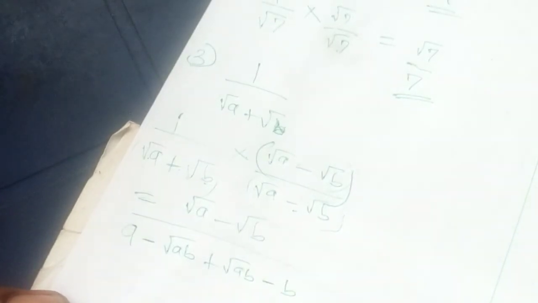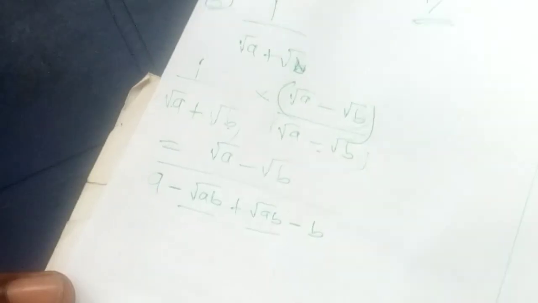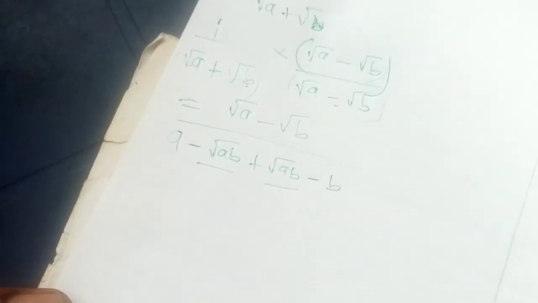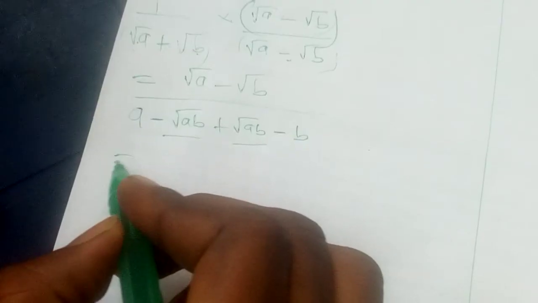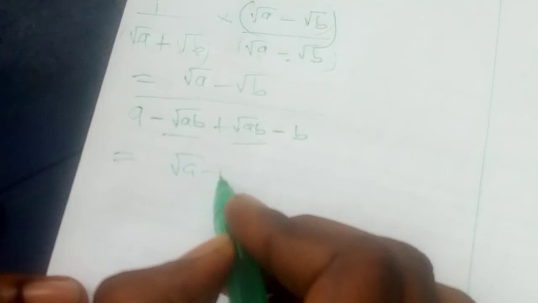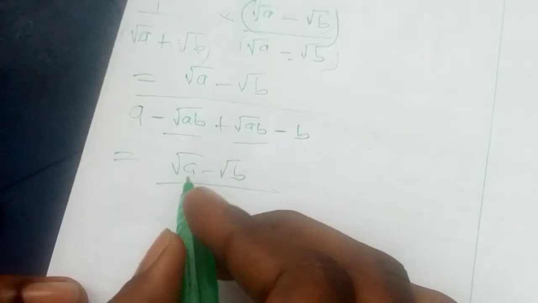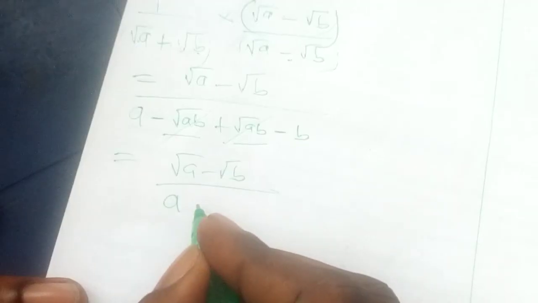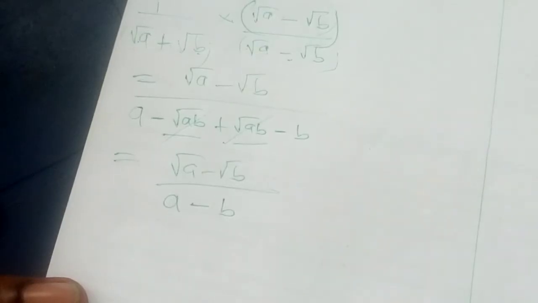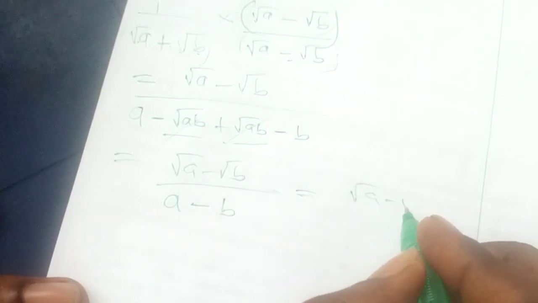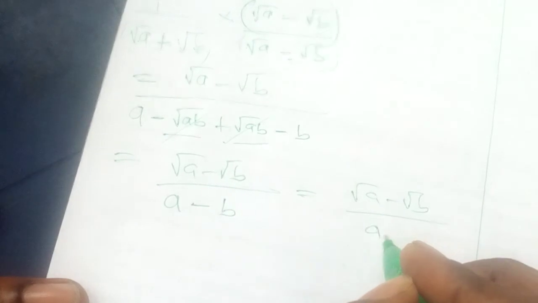Minus B. Of course, we can see that these two terms cancel out of the equation. So we have root A minus root B over A. This one will go out of the equation, so we have minus B. So our final answer will be root A minus root B over A minus B.